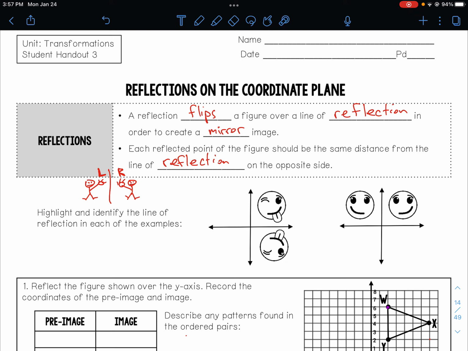So if you looked at our new picture and you said, oh yeah, that's Bob and he's got a missing left arm, you'd be wrong, because it's actually his right arm that is missing. So a reflection is not considered a rigid transformation.